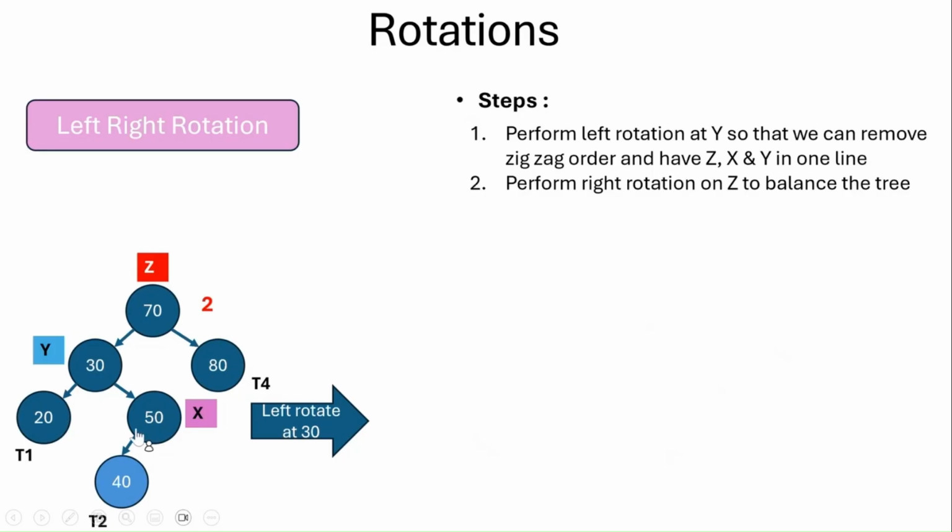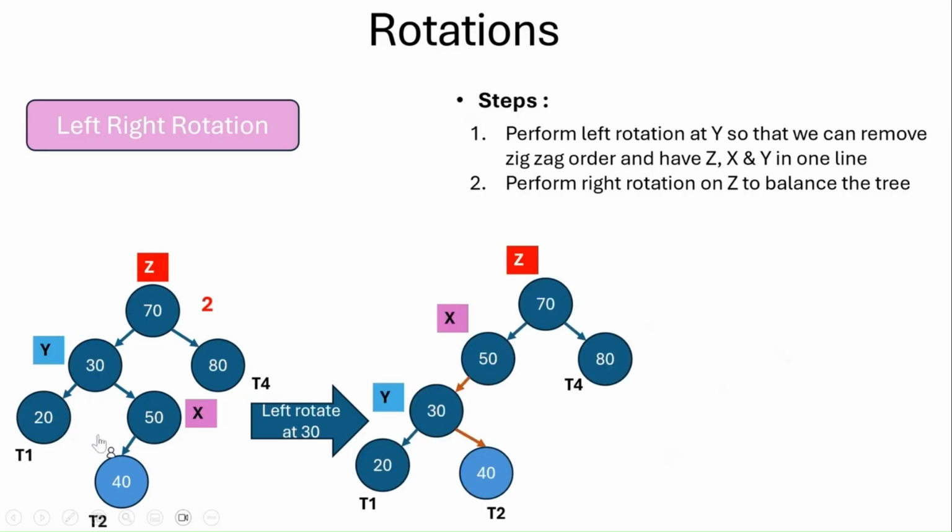And if 50 had any left child, it will become the right child of 30. Because if 50 becomes root and 30 becomes the left child of 50, then the link between 50 and 40 is broken. Now where should we add 40? 40 is less than 50, that's why it will be on the left side. But 40 is greater than 30, that's why it is added as a right child of 30.